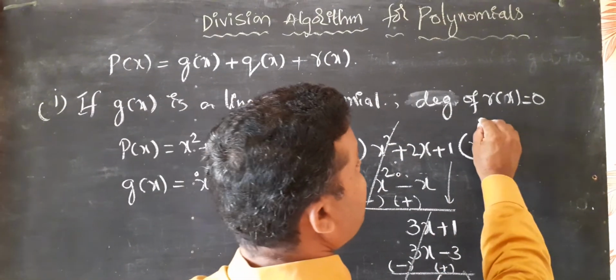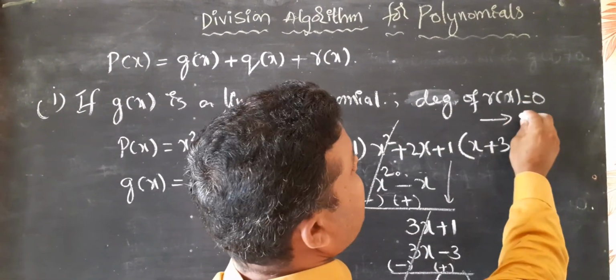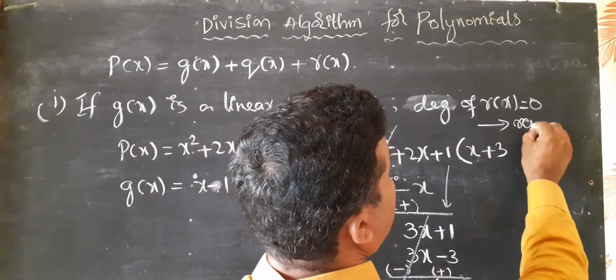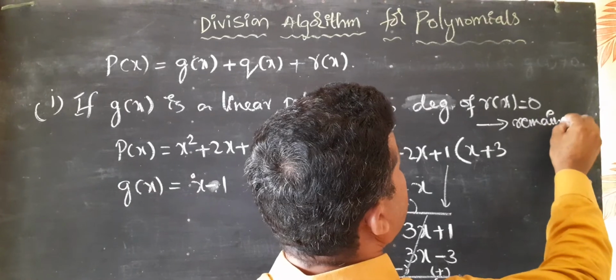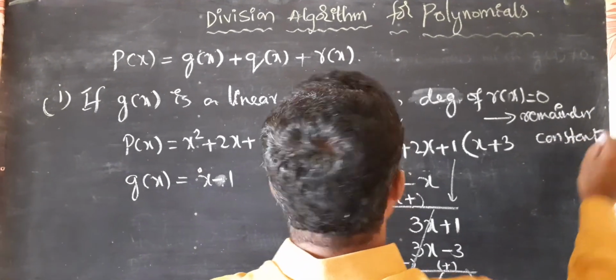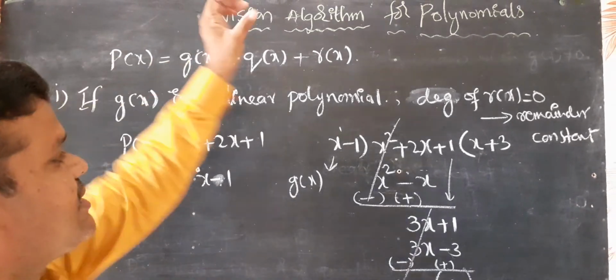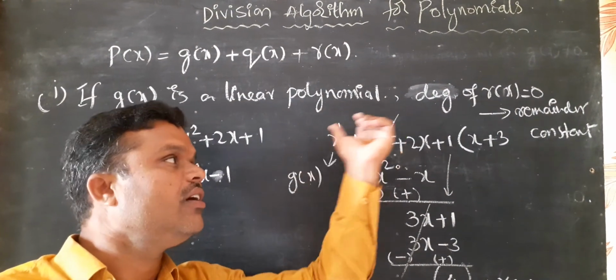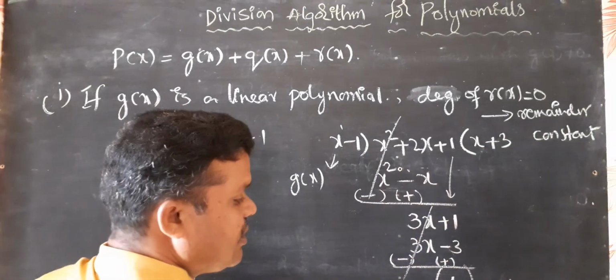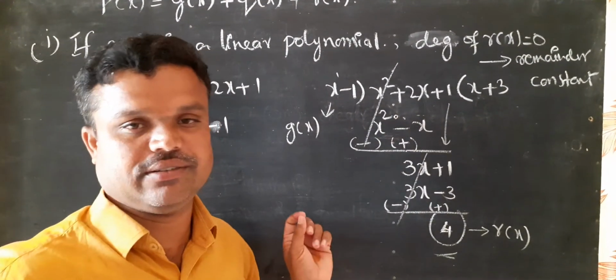We can say that the remainder is constant. When g of x is a linear polynomial, the remainder is a constant. So this is our observation.